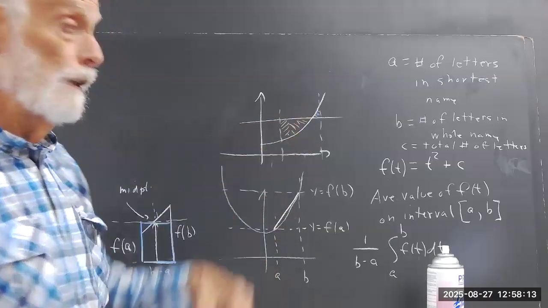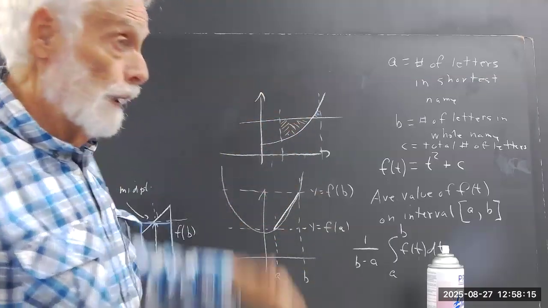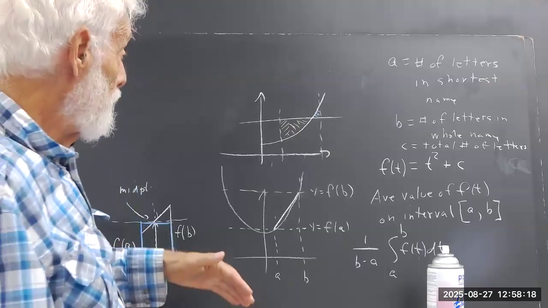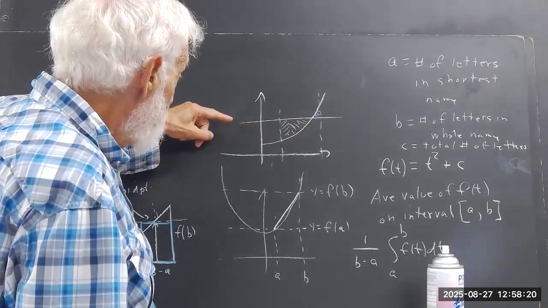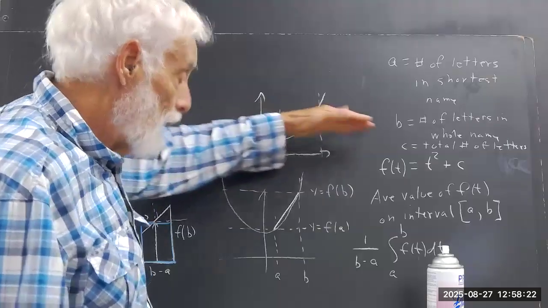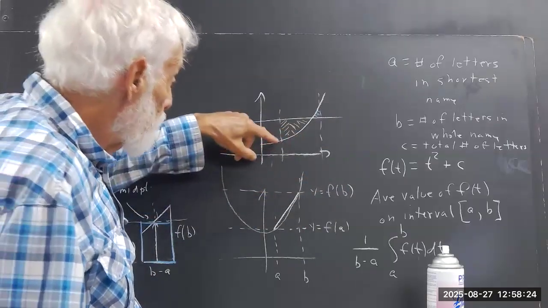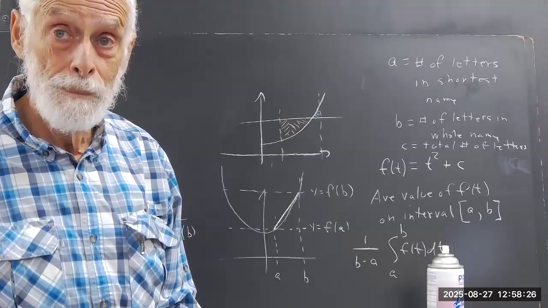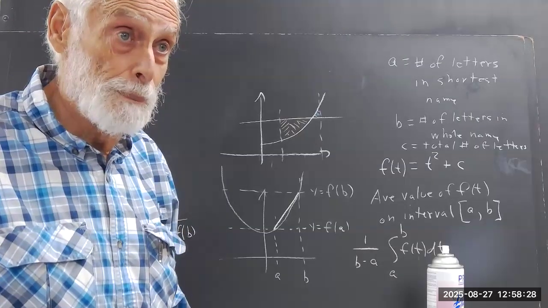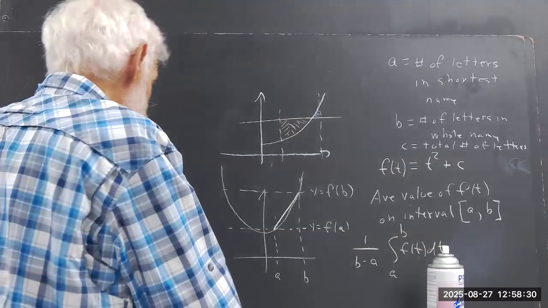These areas would have to be equal in order for this to be an average value, because then the area under the average value line would be equal to the area under the curve, right? That makes sense? So my line needs to be somewhat lower.